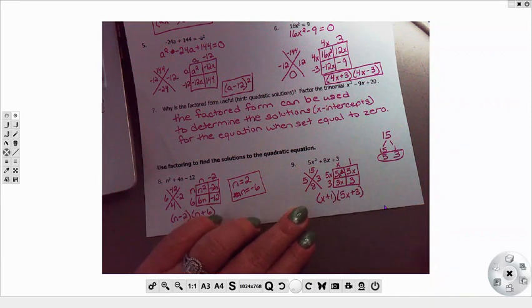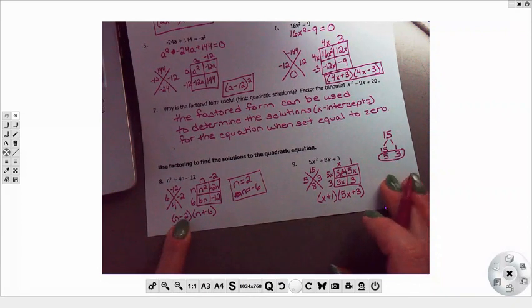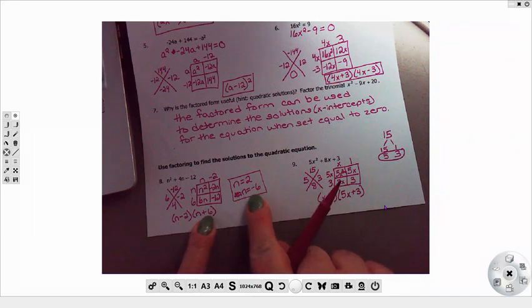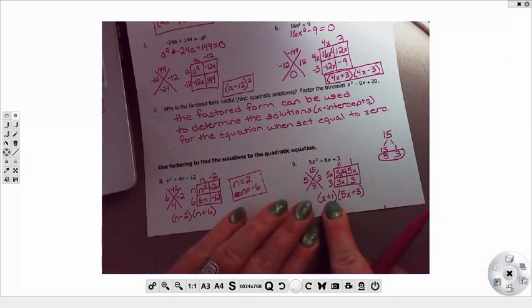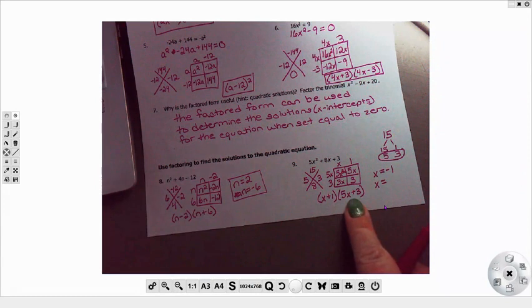Now this is where it gets funky, because if you noticed over here, n minus 2 gave me a positive 2. n plus 6 gave me a negative 6. So if I have a positive 1, I know one of my roots is going to be negative 1. But what about this one? What happens when I have a problem like this?